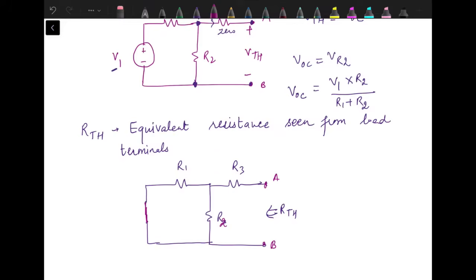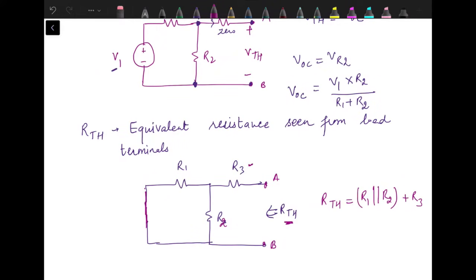So when we need to find RTH, we have to start from the opposite side. From here, R1 and R2 are in parallel. The resultant is in series with R3. So RTH is R1 in parallel with R2, and their resultant is in series with R3.